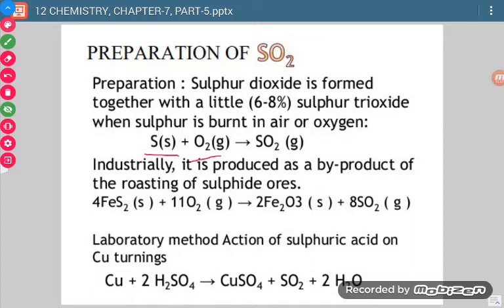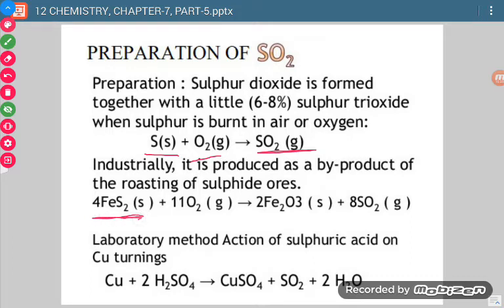When sulfur is burnt in air, there is formation of sulfur dioxide. In case we have to prepare it at large scale, during extraction of metals from the ores, there is production of a large amount of sulfur dioxide.